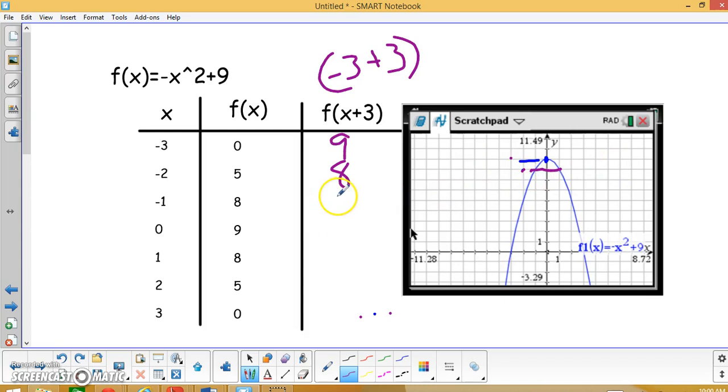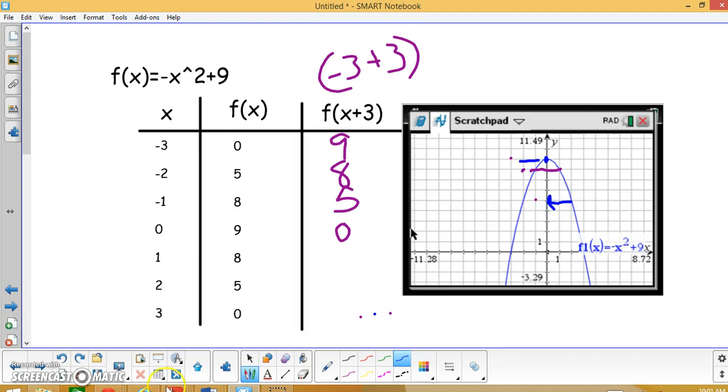So if I continue going, this is going to be the number 5, then the number 0. So my input, my x value is -1, and my output is 5. So right here. So once again, it went from this value right here, it went over 3 units.